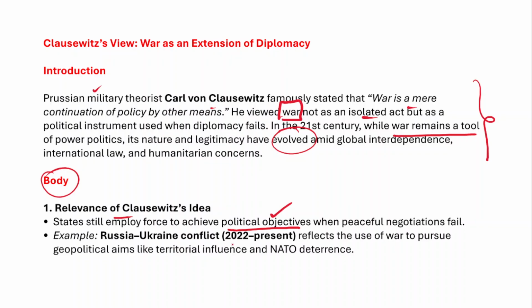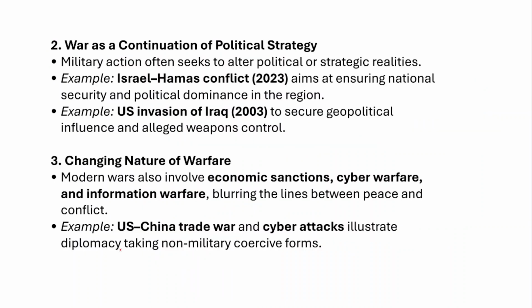For example, the Russia-Ukraine war, which started in 2022, still continues, and it reflects the use of war to pursue the geopolitical aims of countries. NATO has geopolitical aims, and Russia also has geopolitical aims. Therefore, they have been using war as a political tool to achieve their objectives.